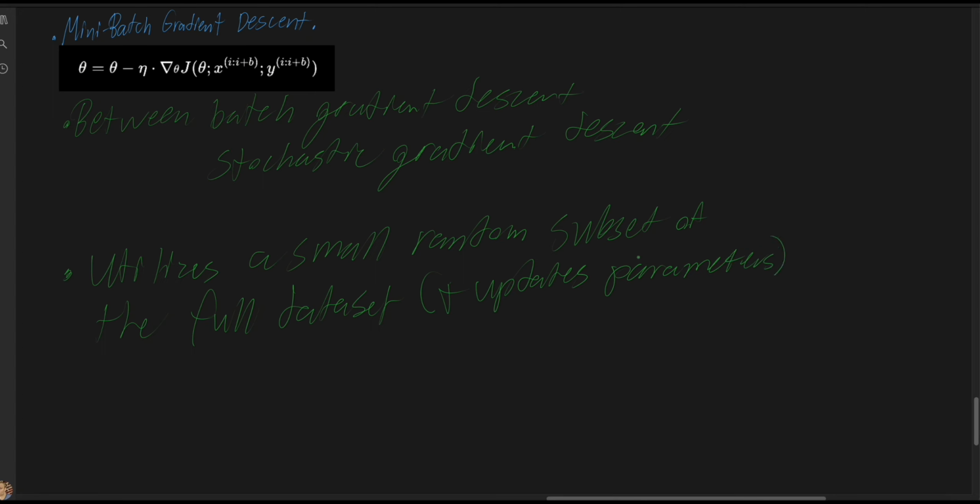This combines the advantages of both stochastic gradient descent and batch gradient descent by reducing the variance of the parameter updates.